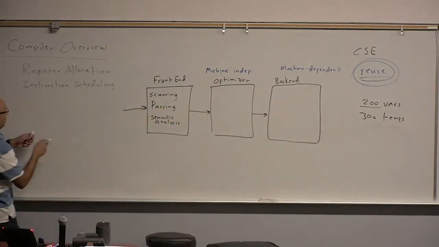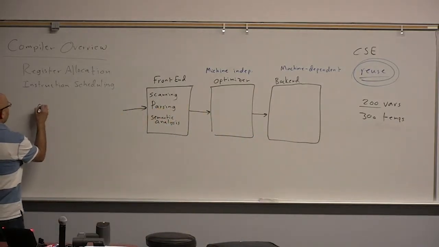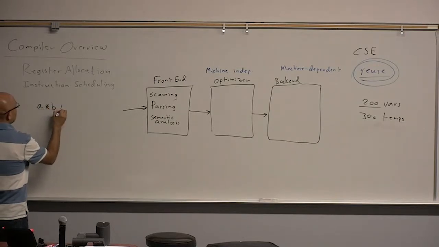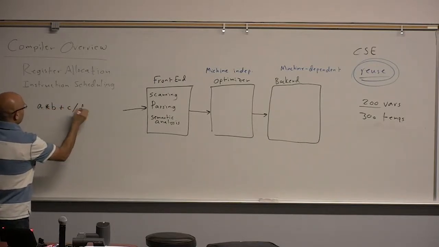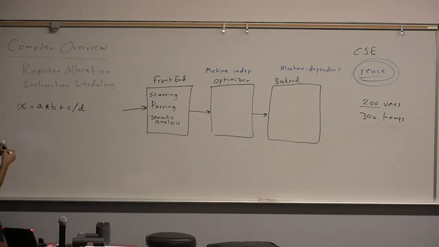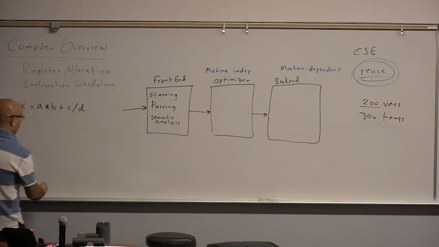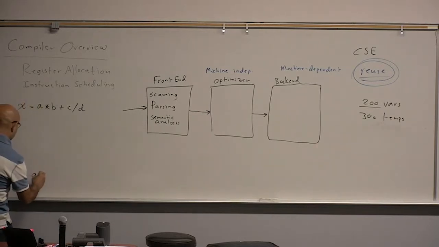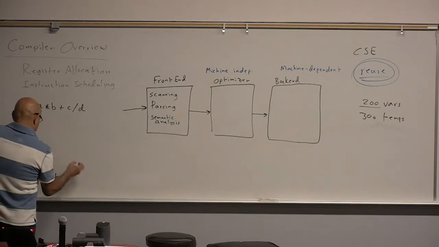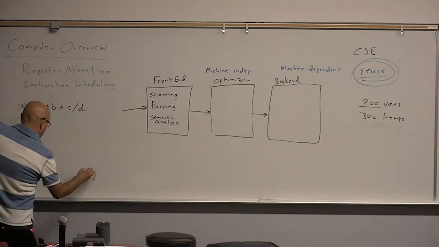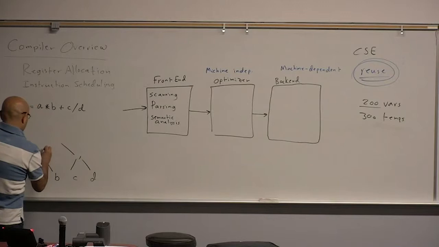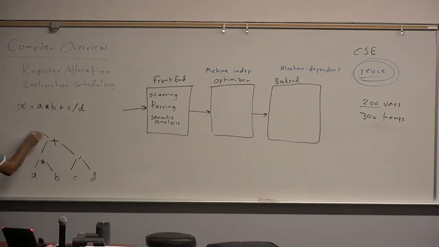In fact, the example that we will be doing today, A times B plus C divided by D is assigned to X. And exactly, intermediate values. So if we look at the abstract syntax tree, we'll have A and B, they will get multiplied. But the result of this multiplication has to be stored somewhere, right? And then C and D, they are divided. And then you take the result and you add it. And then you assign to X.